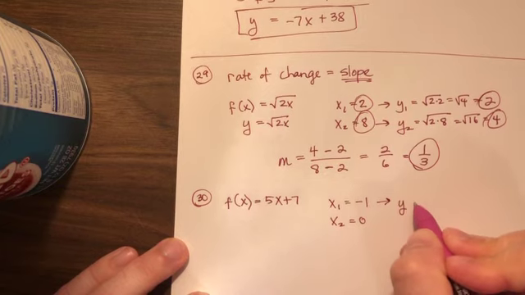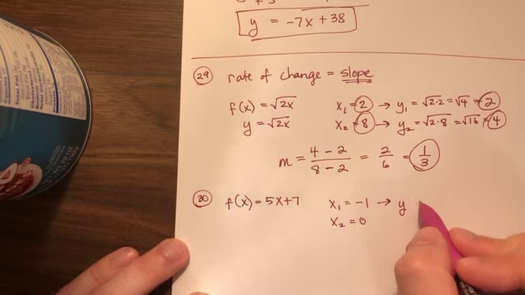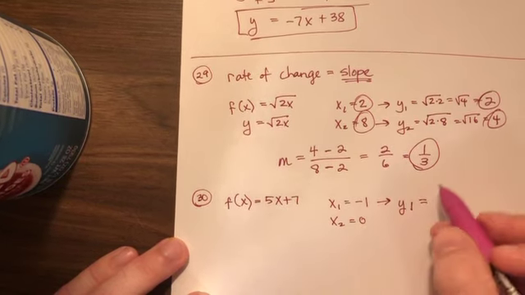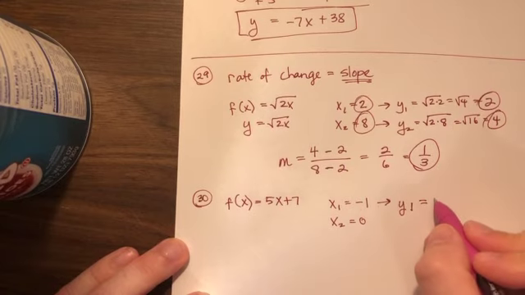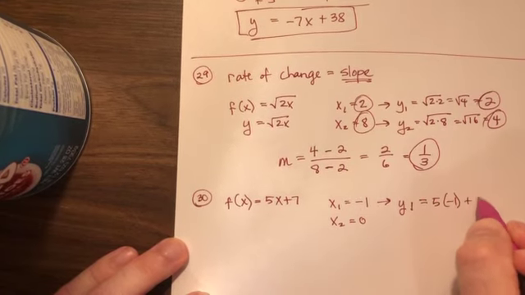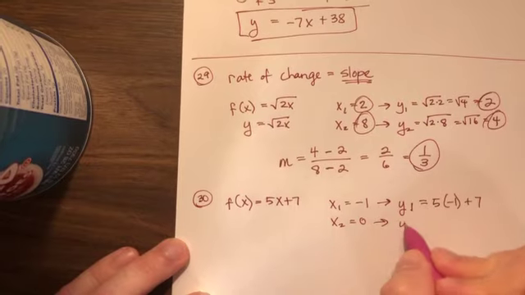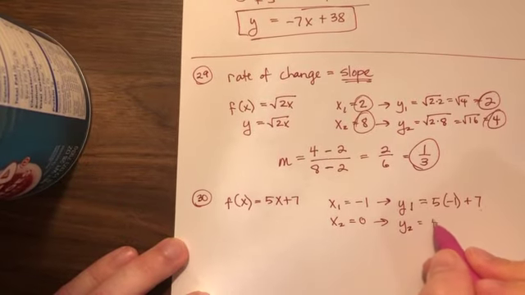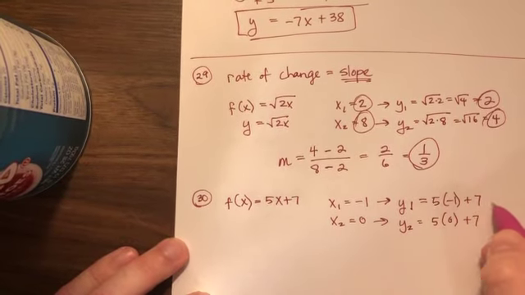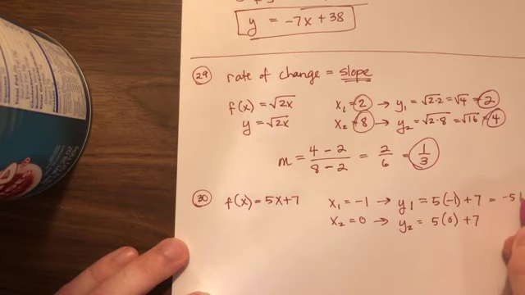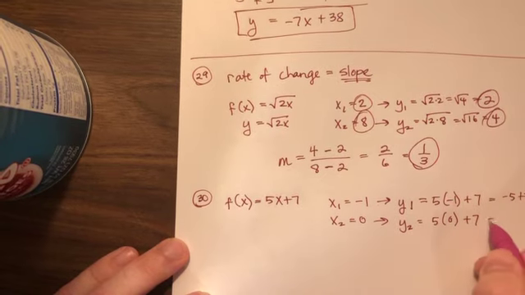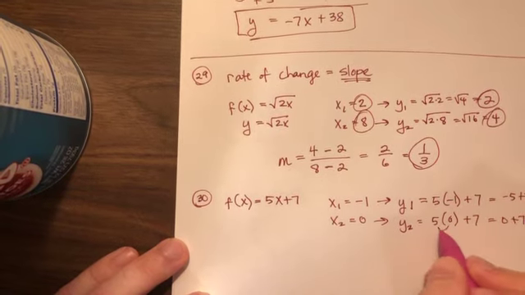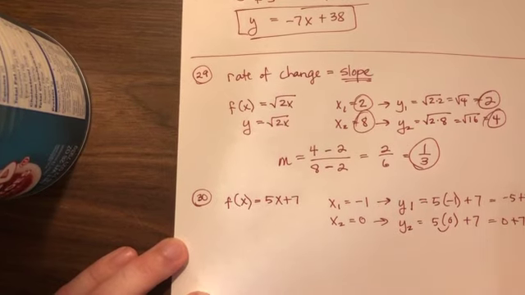So we're going to plug in -1 into my x here. So y1 is 5 times -1 plus 7. And then y2 is going to be 5 times 0 plus 7. That's -5 plus 7, that's 2. And this is 0 plus 7, because anything times 0 is 0, and that's 7.